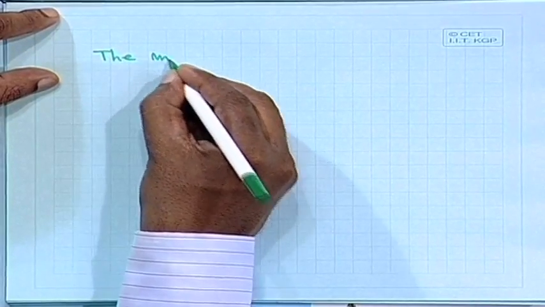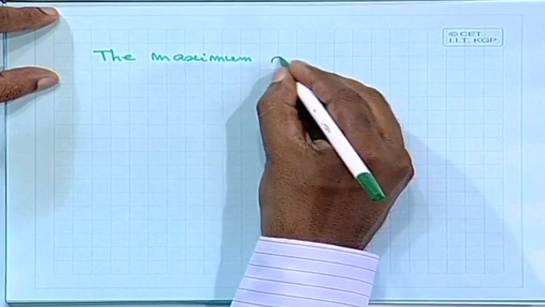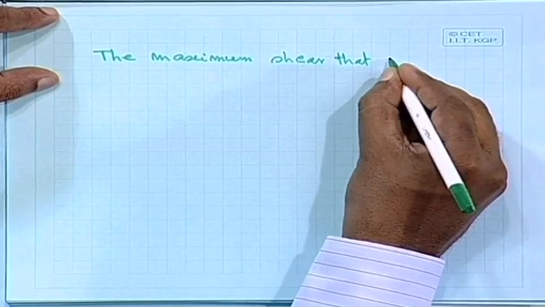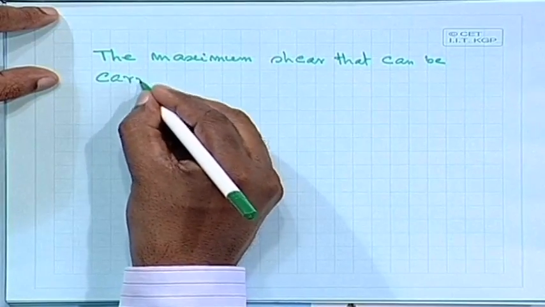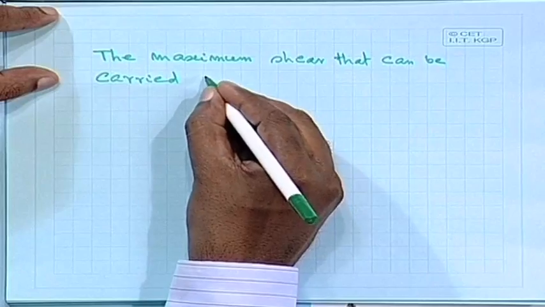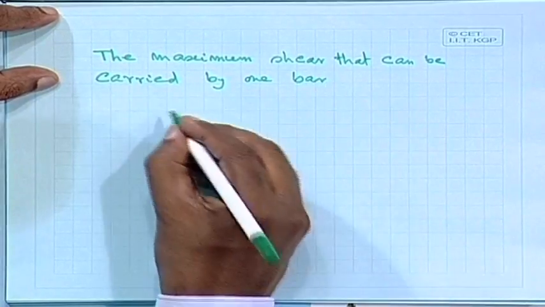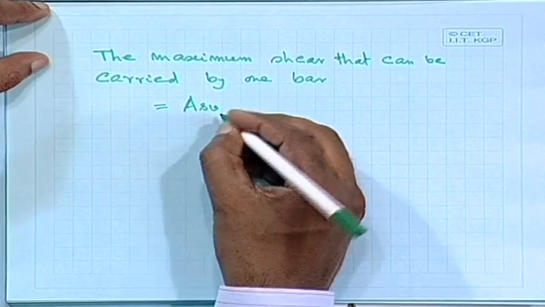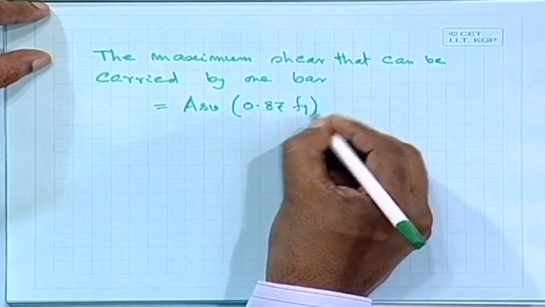The maximum shear that can be carried by 1 bar is equal to ASV, that is the stirrup cross sectional area, times the permissible maximum stress.